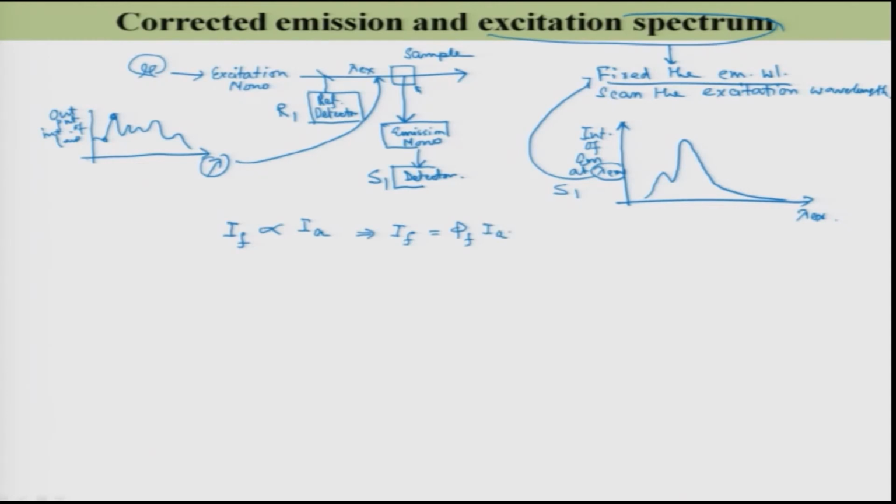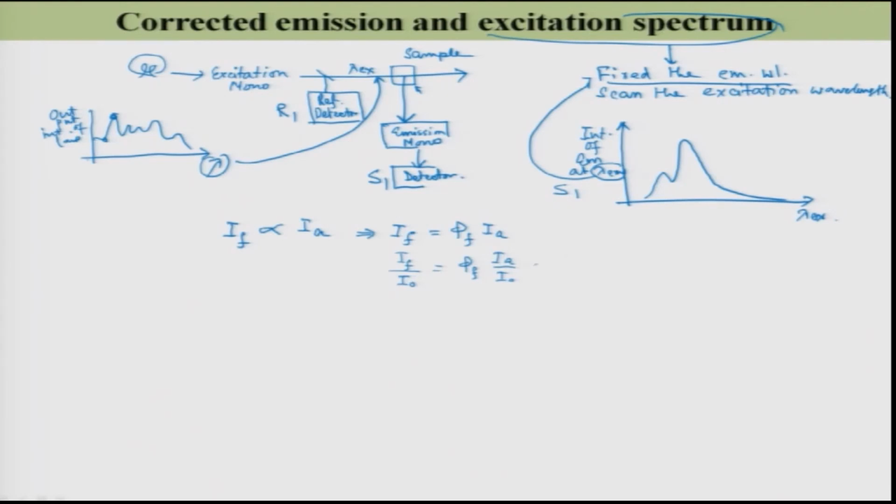Let me divide both sides by I0. IF divided by I0 is equal to phi f times IA divided by I0. So, this IA by I0 is nothing but I0 minus I by I0.